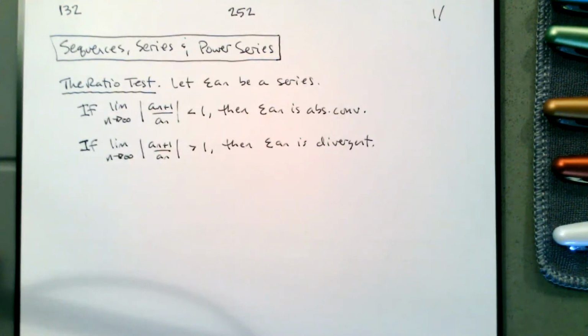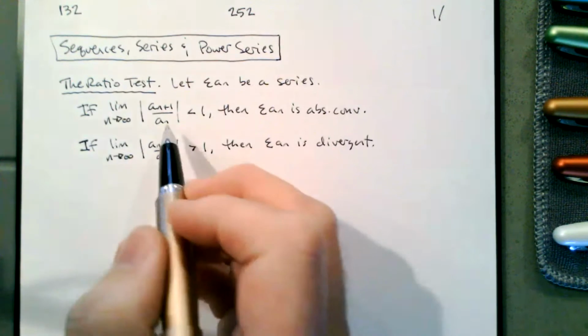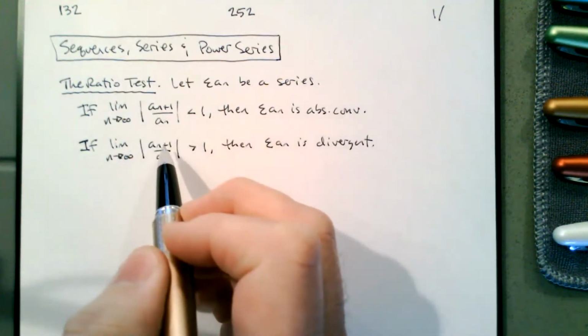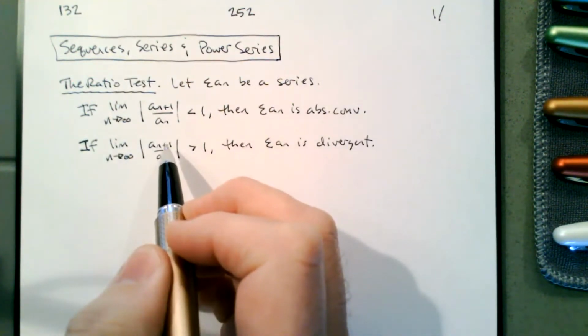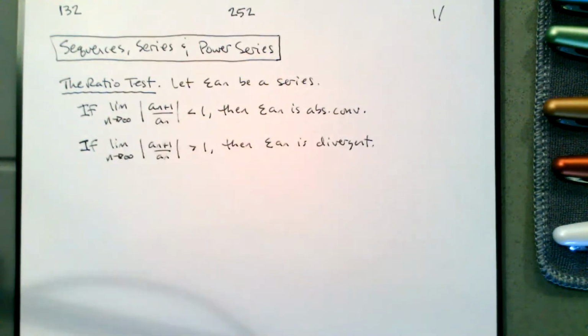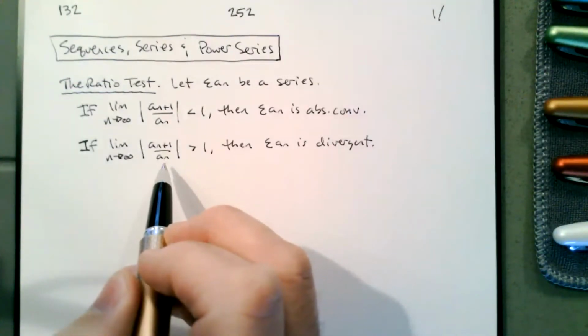So one thing to note about the ratio test is that we're looking at how the terms are going to 0, because that was what we were concerned with. Note that if the terms don't go to 0, then the ratio test will reveal that.